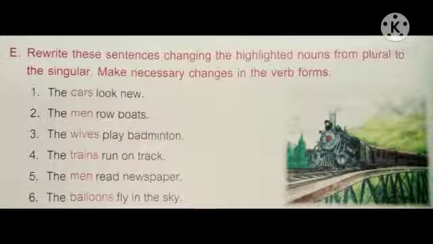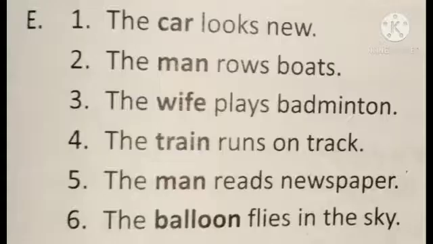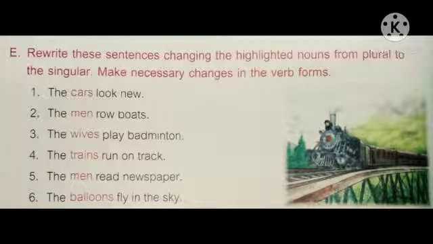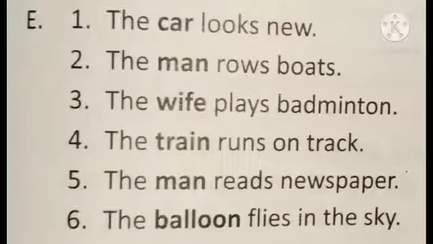Here we have to remove s from the noun and add s to the verb. Nouns are highlighted here. The cars look new. The car looks new. Second, the men row boats. The man rows boats.